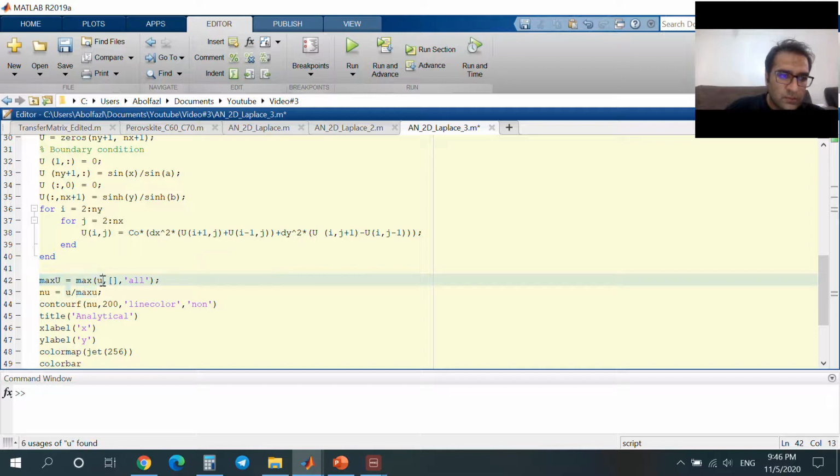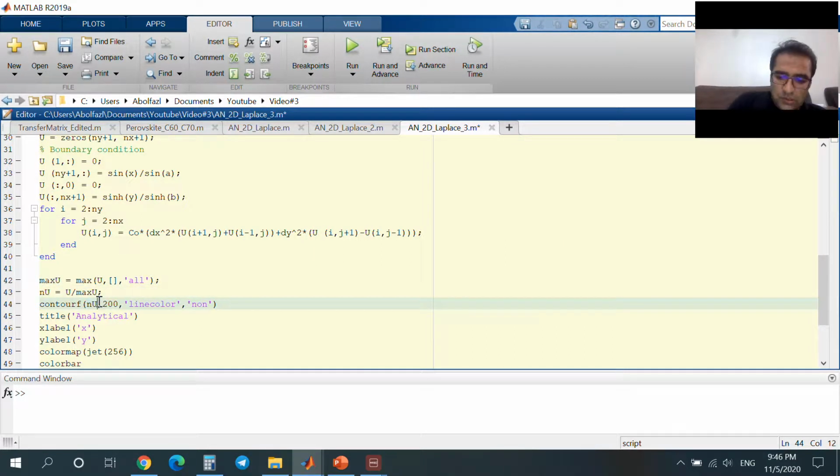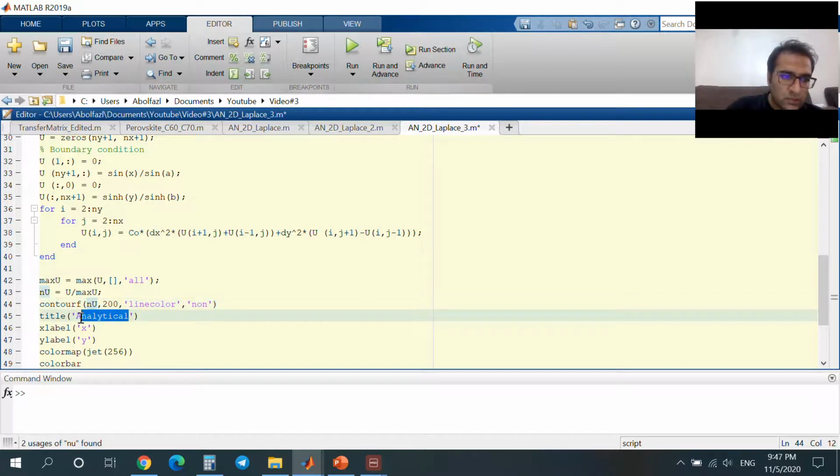Maximum capital U is derived from the matrix capital U, and normalized capital U also should be capital U divided by the maximum of capital U, and here it should be numerical, right? Numerical.